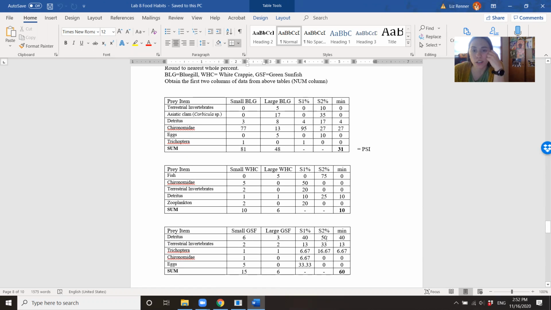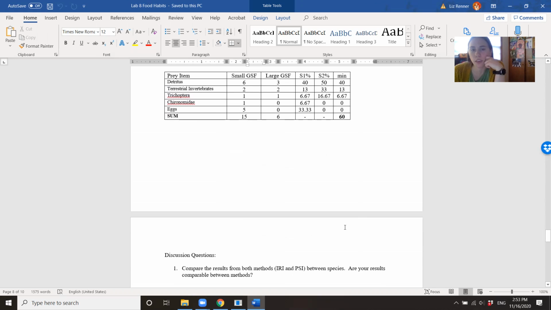So there's not a huge difference between those two groups in terms of proportional similarity. There's high overlap between the two, and they both consume detritus. So it's okay if we include it as a prey category for the green sunfish and the bluegill, but probably not for the white crappie, right?